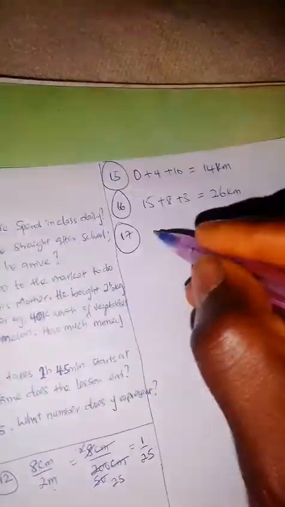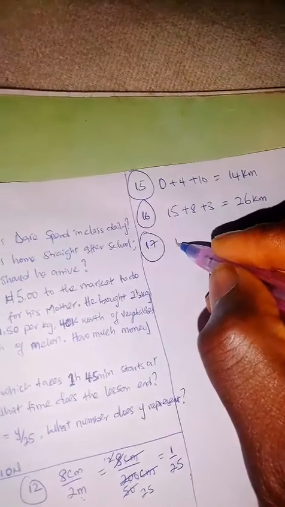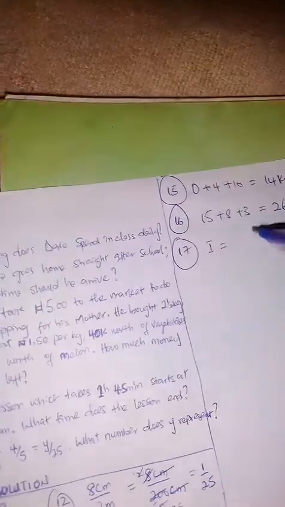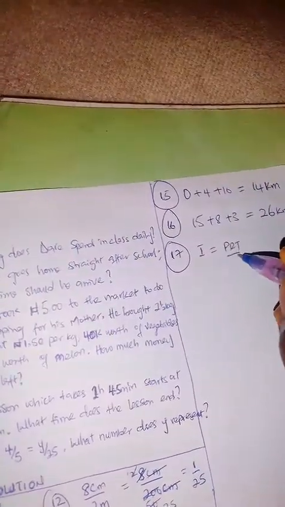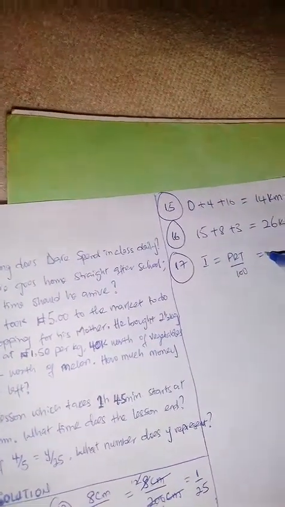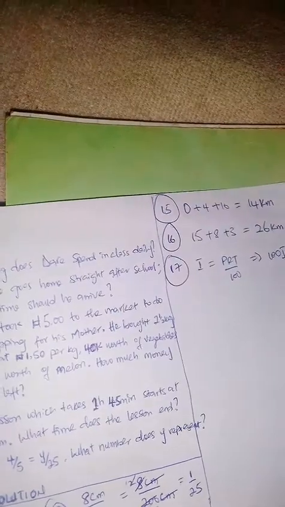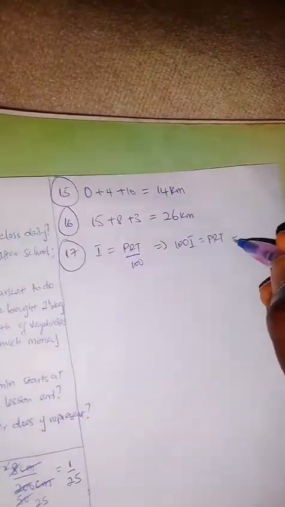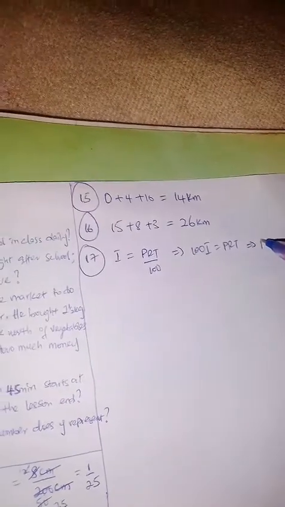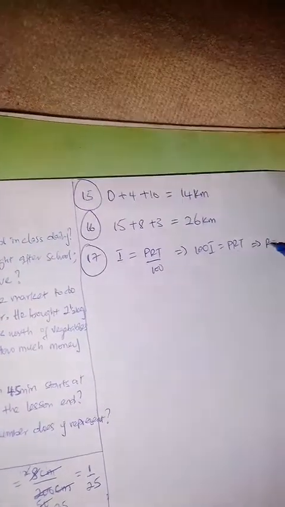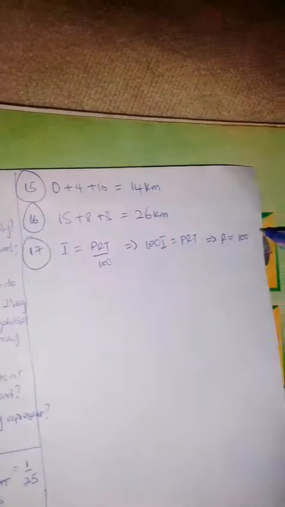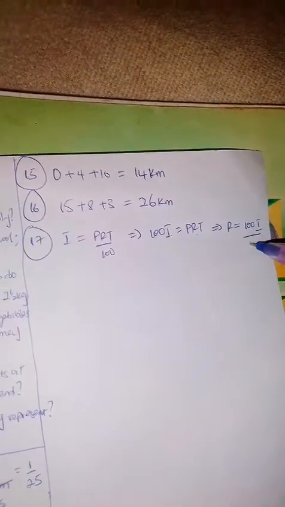This is simple interest, so that's where we have I. Interest equals principal times rate times time over 100, which implies 100I equals PRT. I'm looking for the rate, as the question has said. So making R the subject of the formula, I'm going to have R to be 100I over PT.